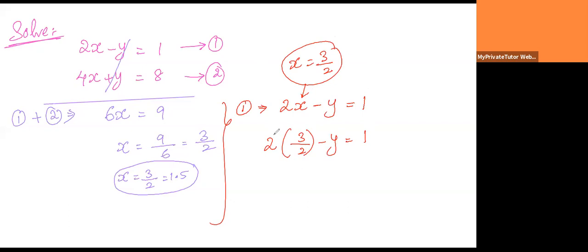If you want me to write one more step, 2 times 3 is 6, so 6 by 2 minus y equals 1, which is 3 minus y equals 1. Minus y equals 1 minus 3, and finally minus y equals minus 2. So we got y as plus 2.